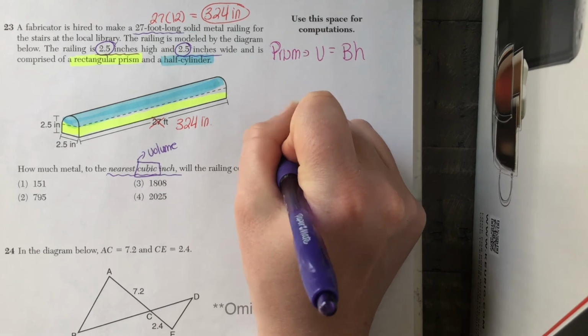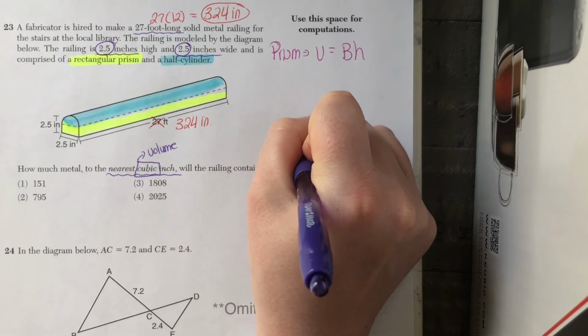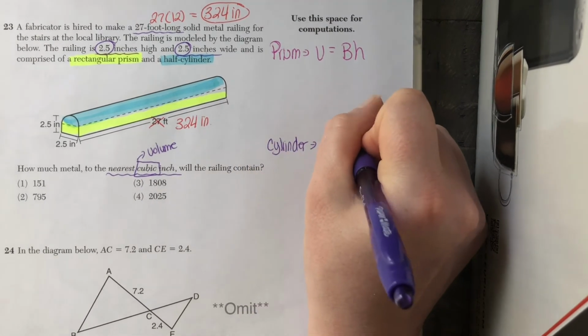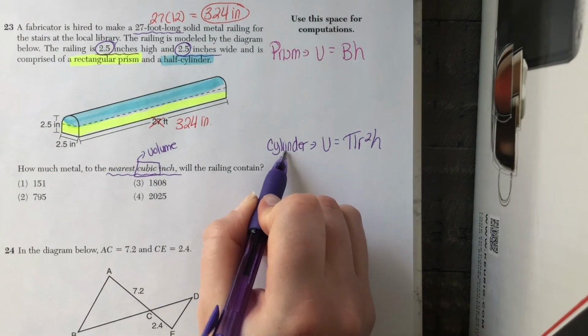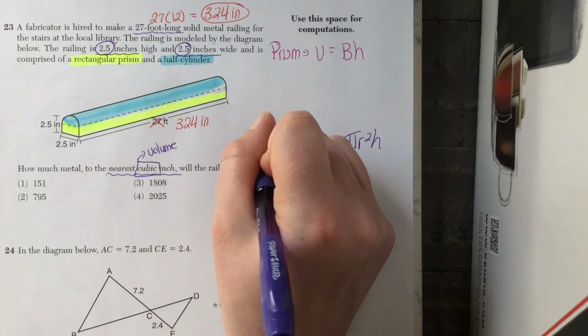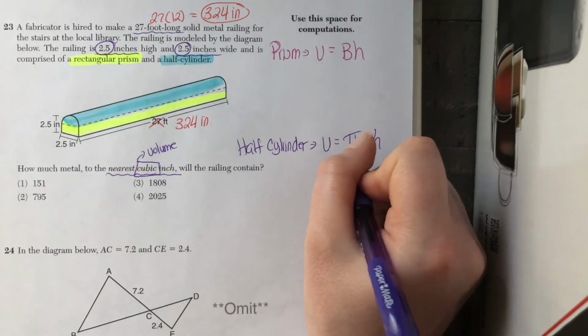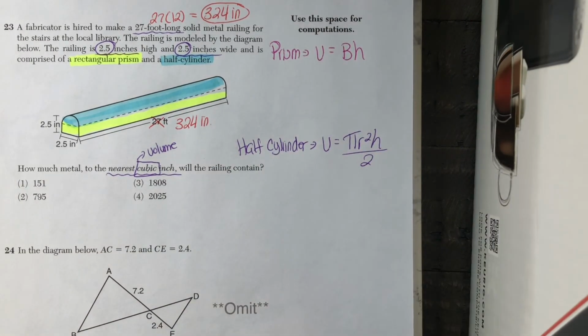A cylinder has a volume formula of pi r squared h. But that would be for the entire thing, and I only want half of it. So what am I going to do with this formula? I'm going to halve it. I'm going to divide by 2.